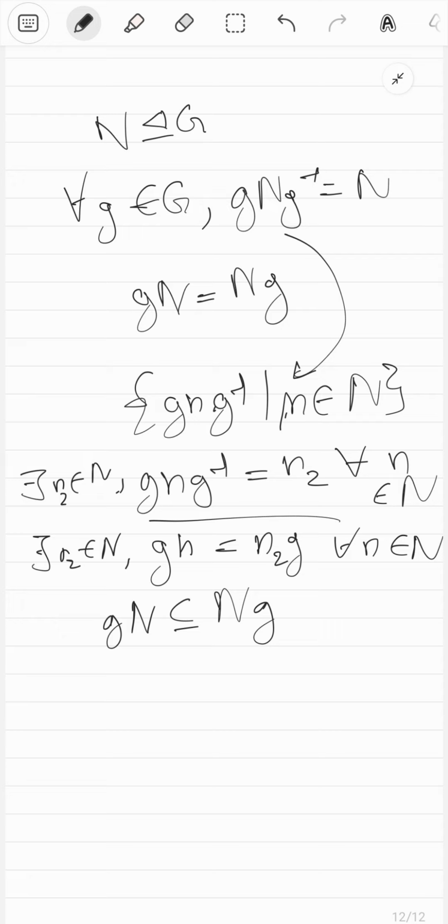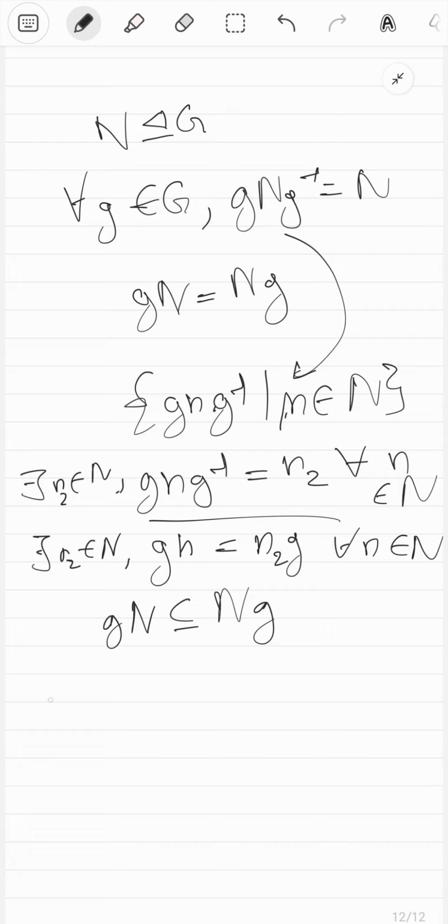But then we can go the other way around as well. Since g n g inverse is equal to n2 for all small g, it's also going to be true for the inverse of any element small g.